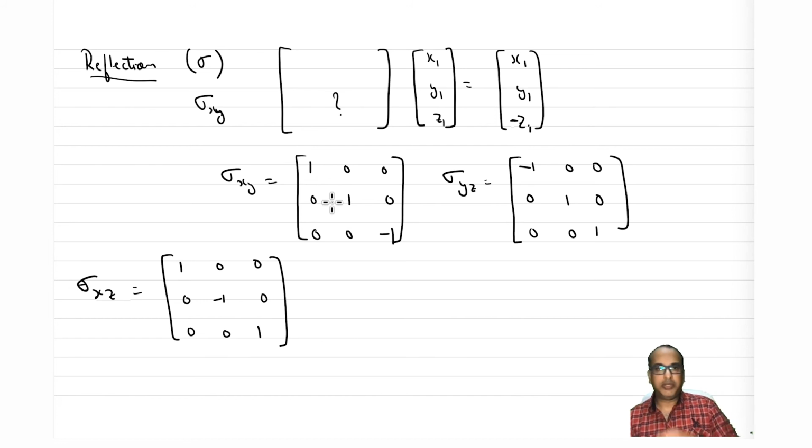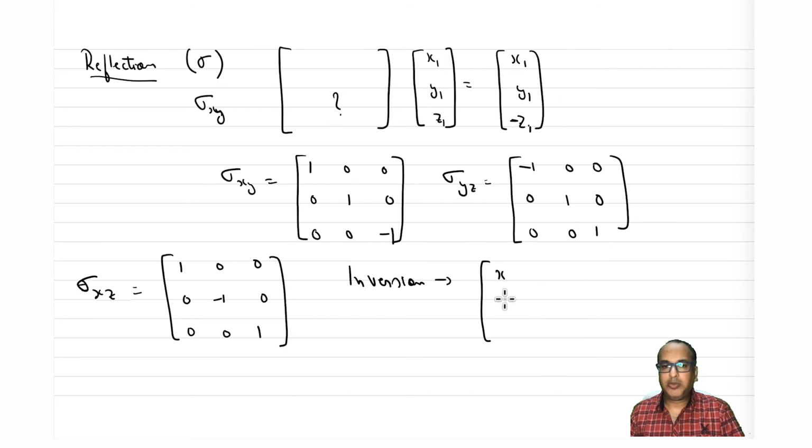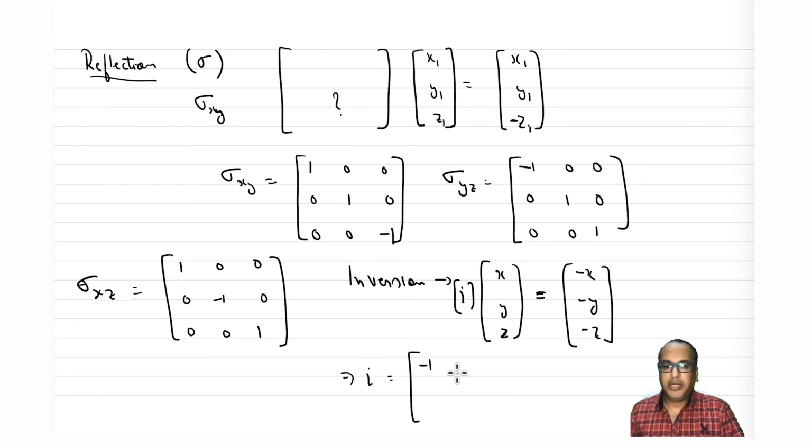So this is easy to see. Reflection is easy. Now also look at inversion. So in an inversion operation, what happens to x, y, z? I matrix: x goes to minus x, y goes to minus y, z goes to minus z, right? So this implies the I matrix is nothing but a negative unit matrix.